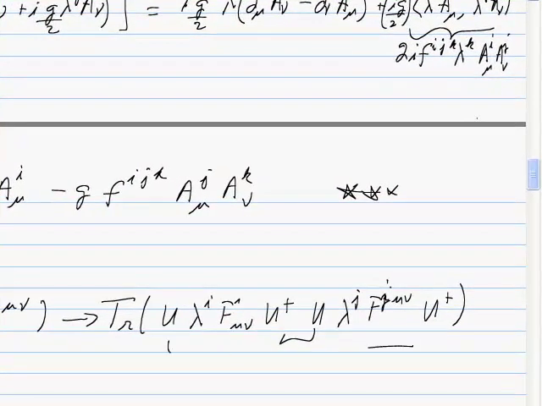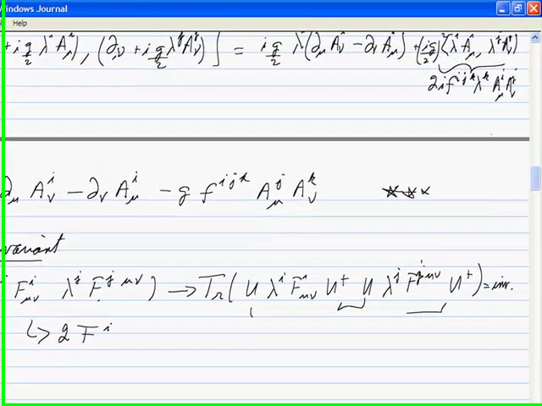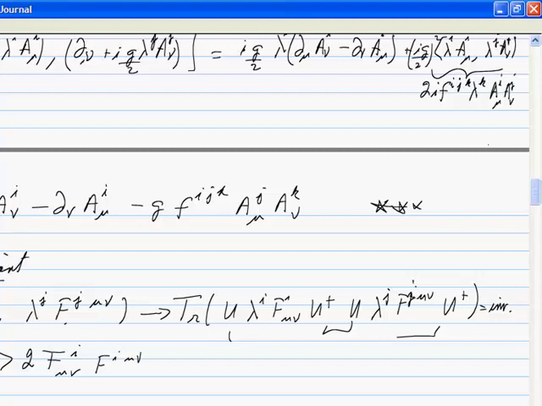These U's all disappear because of the properties of the trace, and so that's invariant. And we can write out exactly what it is. That turns into 2 F i mu nu F i mu nu, since trace lambda i lambda j is 2 delta i j. You get that. So now we have our Yang-Mills Lagrangian.